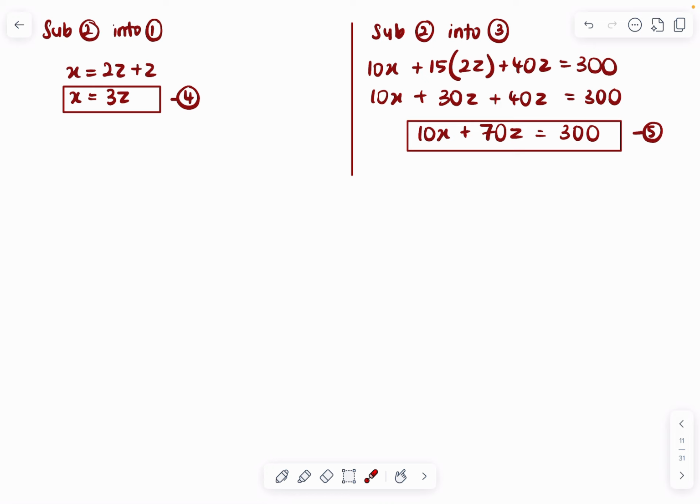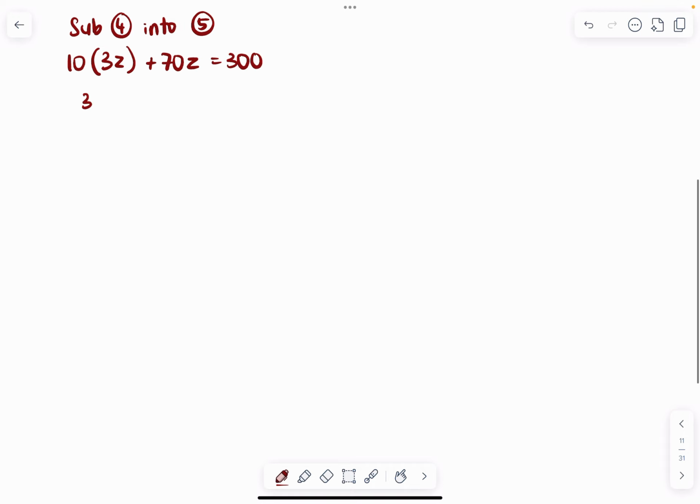Here also conveniently they already made X the subject, so X is 3Z. We can sub this into here. So I can say sub 4 into 5. 10X plus 70Z is 300, so here 30Z plus 70Z is 300.